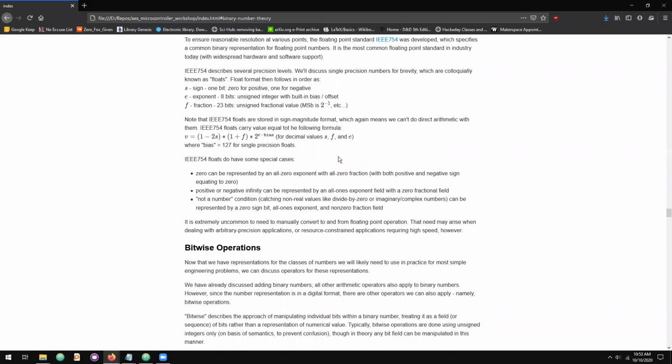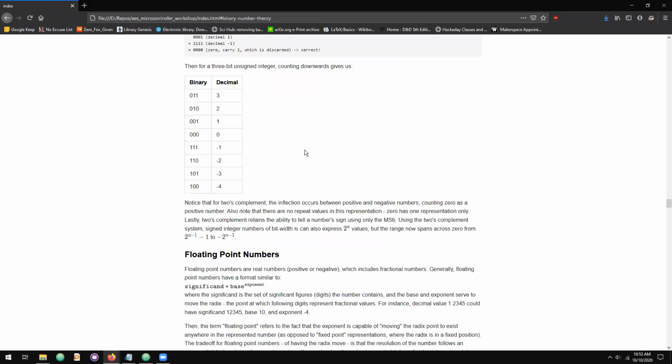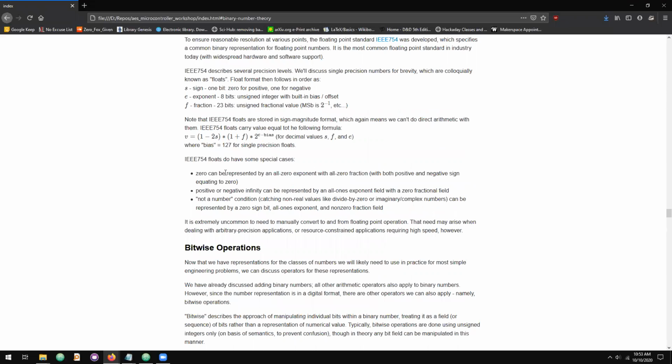So in this representation, it has some quirks. Whereas with unsigned integers, 0 only has one representation by convention, IEEE 754 floats actually have 2 different representations of 0.